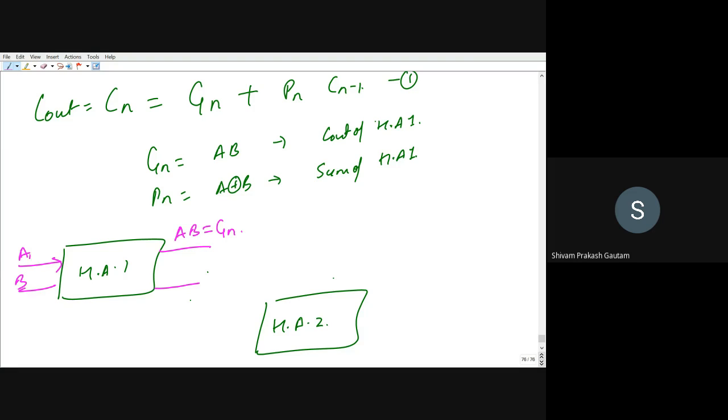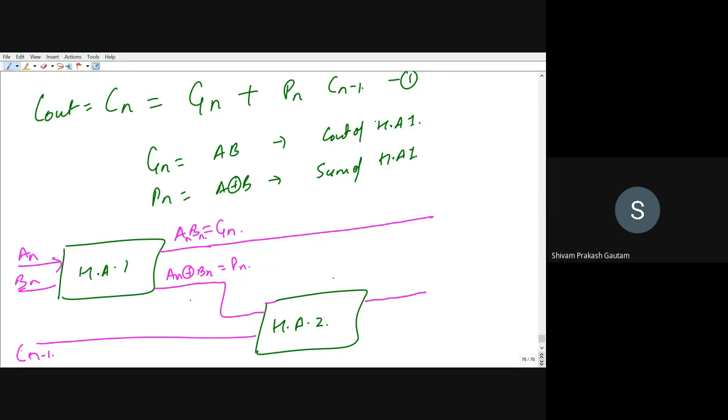For a generalized term, you can write An and Bn, and here it will be An XOR Bn. This we are calling a carry propagate. Why? Because this has to be 1 so that our carry in, Cn minus 1, can propagate to the output. So this is flowing to one input, and this is again flowing here.